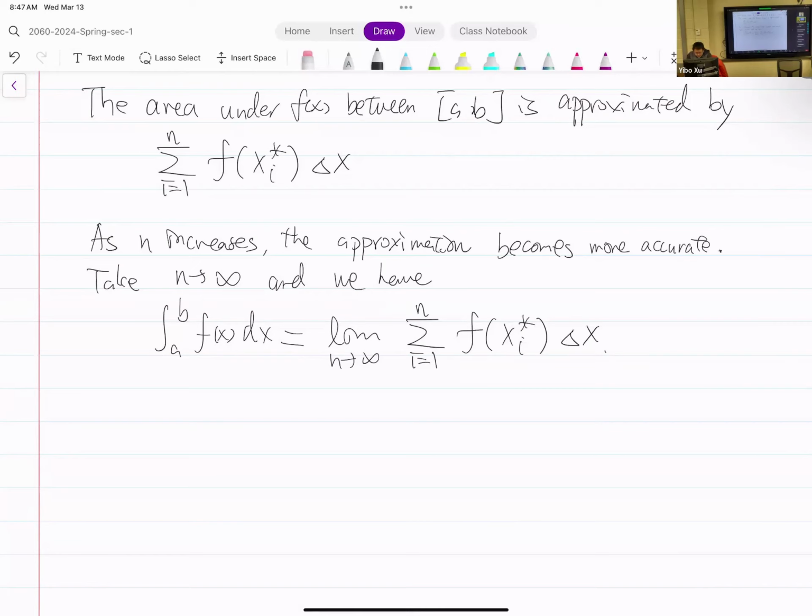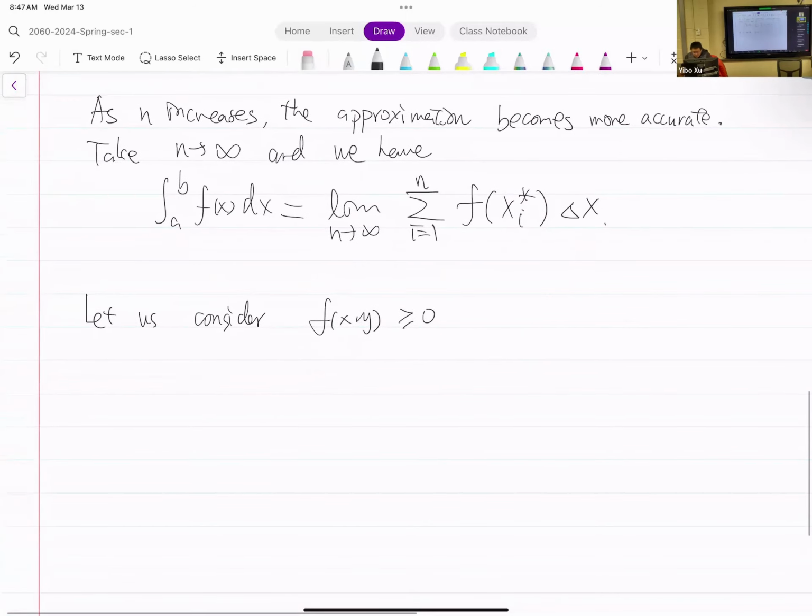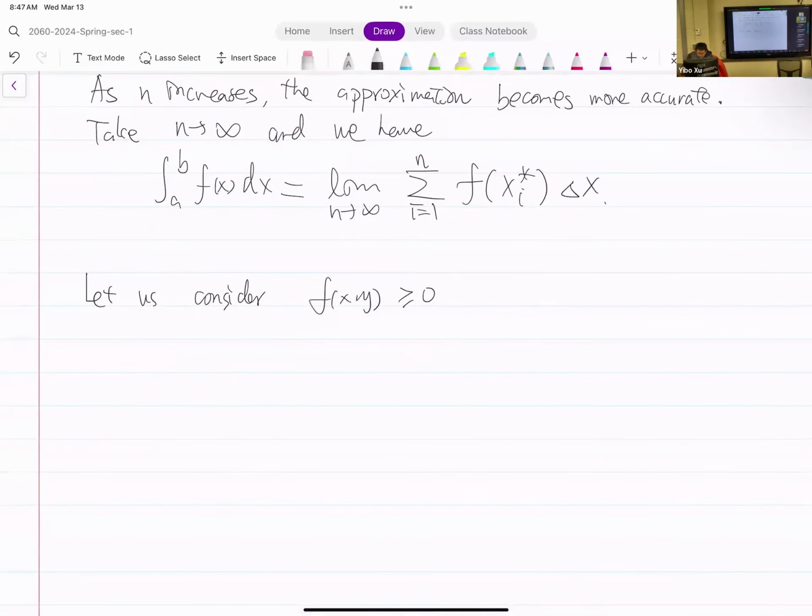And then on each sub-rectangle, we're going to utilize a sample point to approximate the height of a bar. So let's sketch a figure. Once again, we're going to consider f of x y to be a non-negative function, so it's going to be a surface, right?